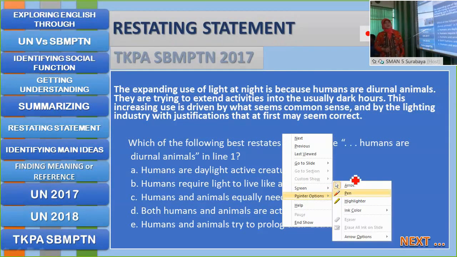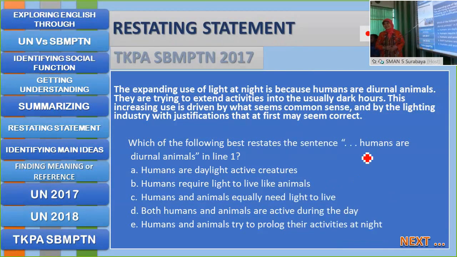Yeah, and the next part of the text is restating statement. So there will be a statement and you are asked to restate. To restate means you can say in other sentences or other phrases or other words. Yeah, look at this short text about the expanding use of light at night.